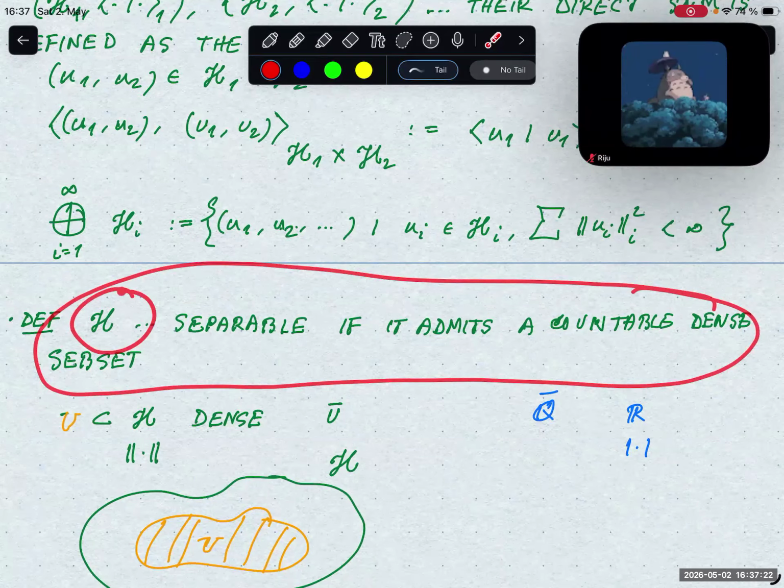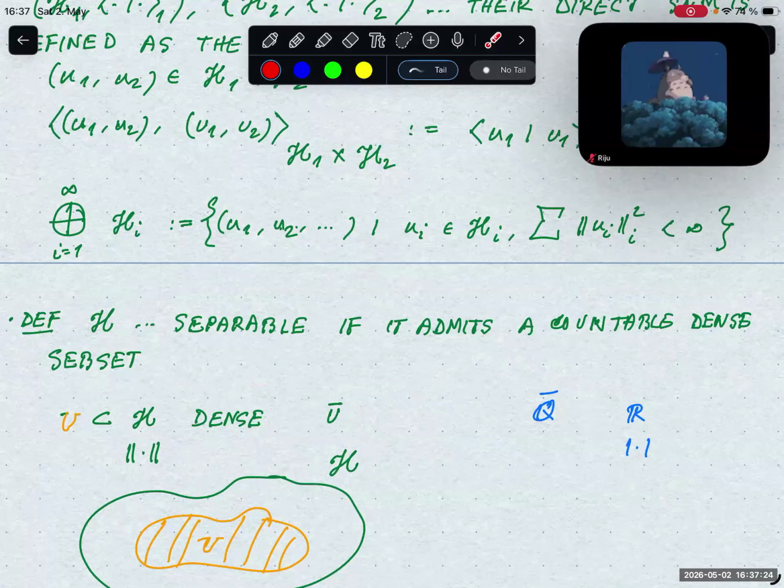So this H is an infinite dimensional Hilbert space. Yes. Any other questions?